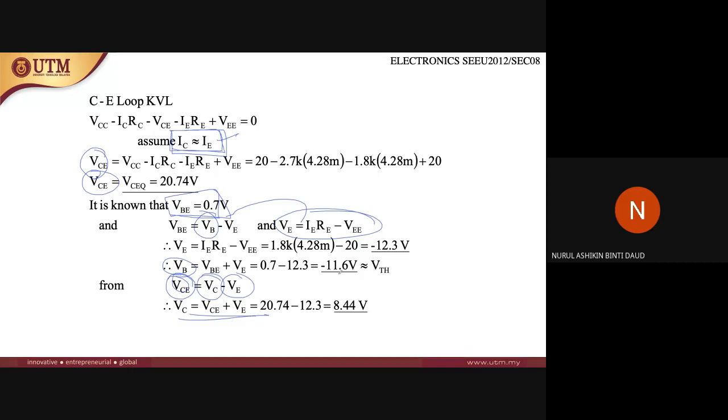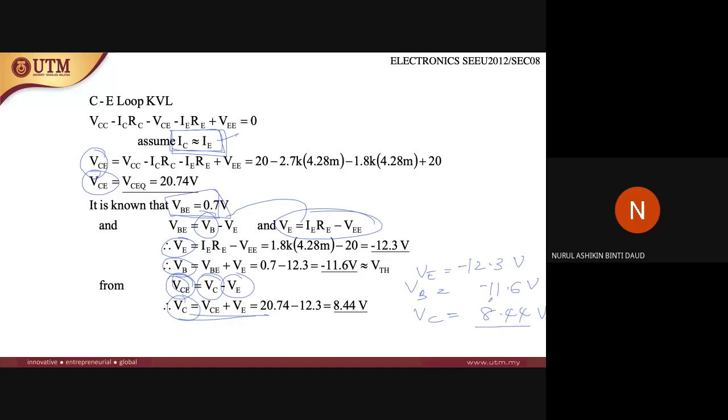All right. So next, if you want to comment on the result, look at VE, VB, and VC. What is the value? VE is minus 12.3 volts. VB is minus 11.6 volts. And then VC is 8.44 volts. So it's still in the active region, right?